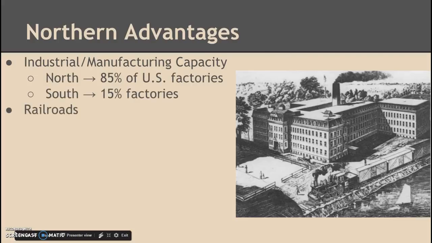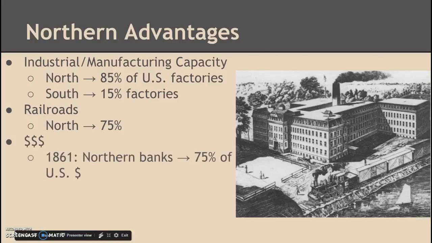The North also is going to have the majority of railroad lines, which is going to be key to interconnectedness and troop movement. We had 75% of the railroad lines. And the North is going to also have the largest amount of physical banks. So 75% of United States money is literally sitting right there in the North.